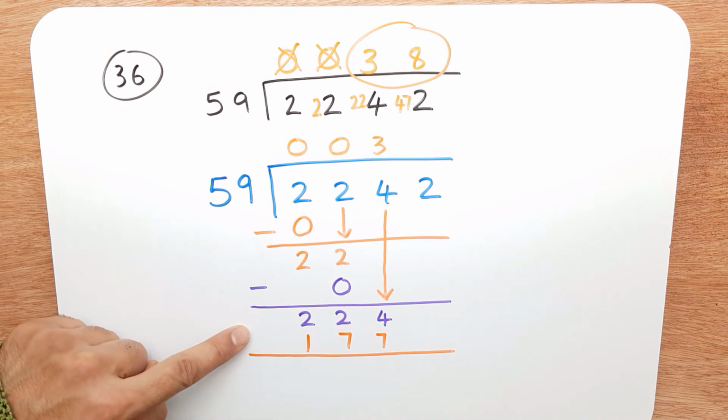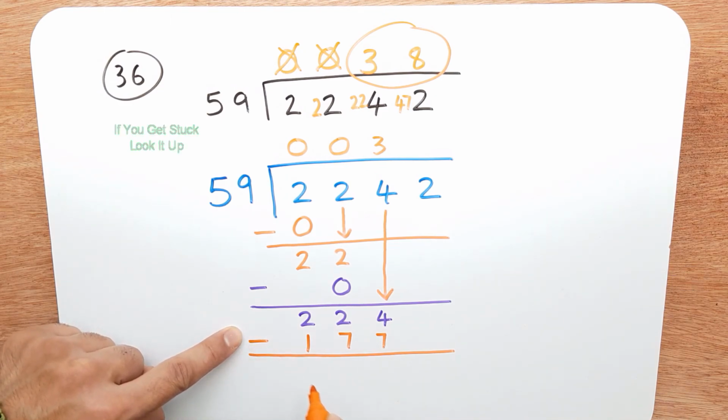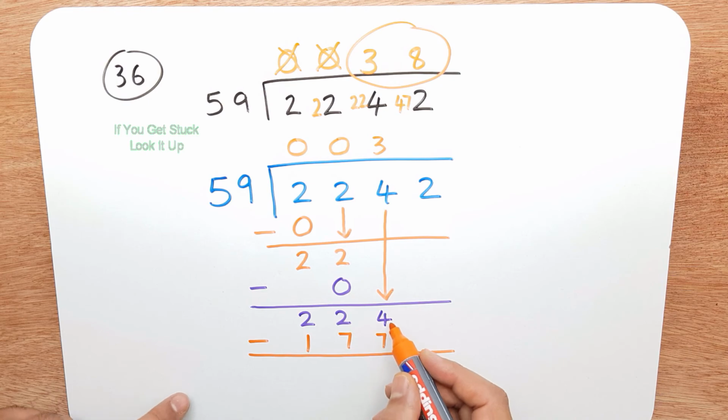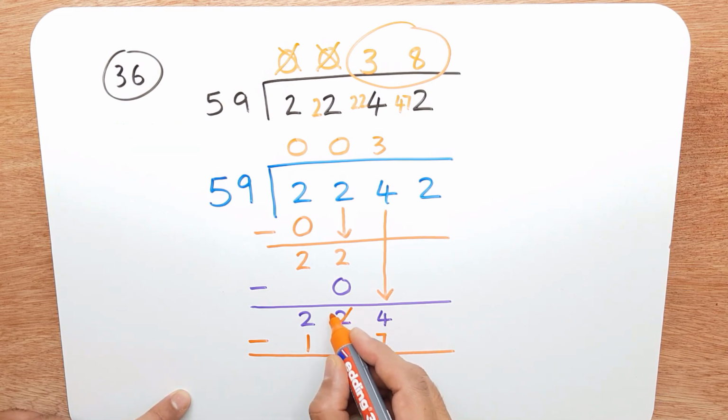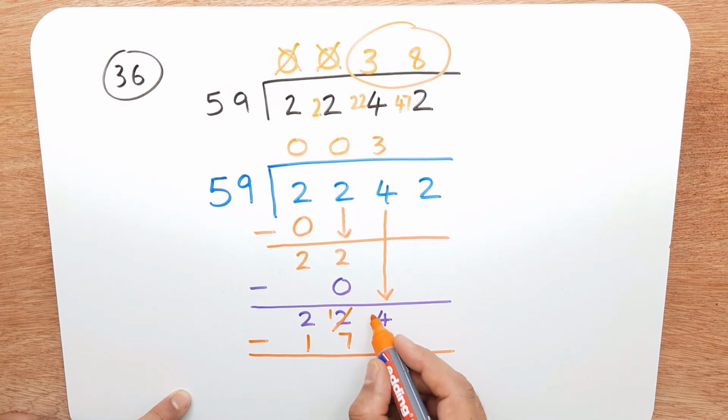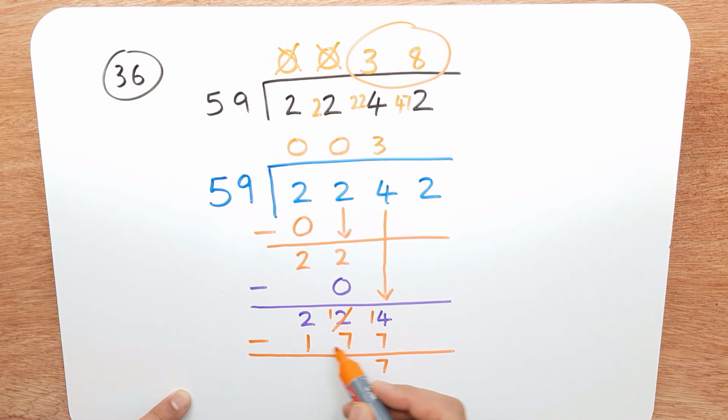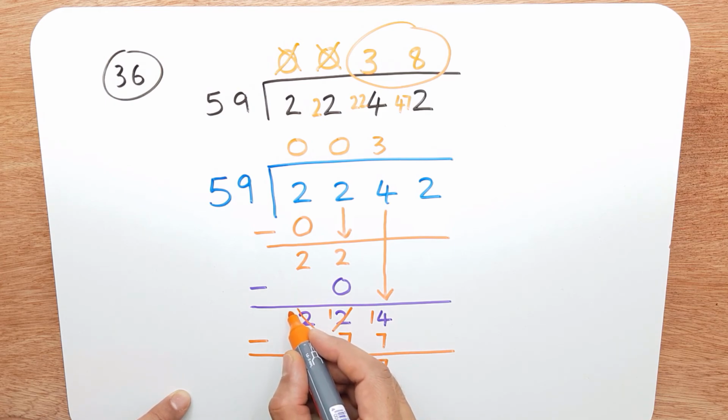Now we simply subtract these two. 4 take away 7 we can't do. So we go to the neighbour, borrow 1. And that becomes 14. 14 take away 7 is 7. 1 take away 7 we can't do. So we go to the neighbour, borrow 1.